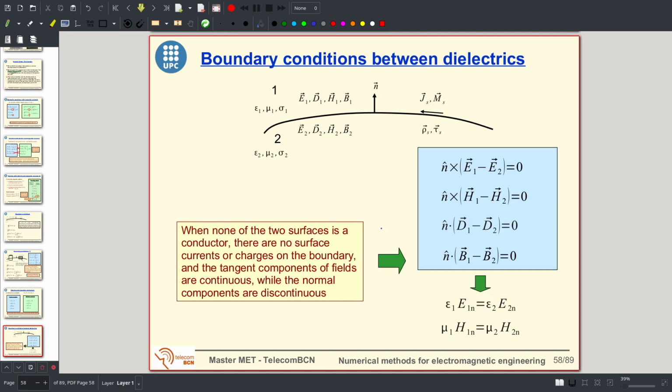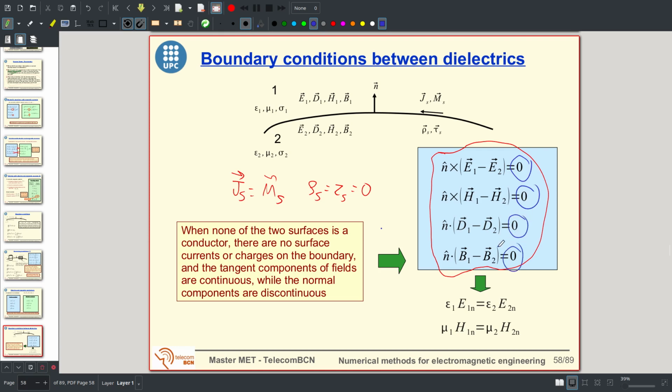When there is a discontinuity between two dielectrics, there are no sources at the boundary, so all the sources at the boundary are equal to 0, and we get the same boundary conditions, but now at the right hand side we have 0 everywhere, because in a dielectric you cannot have net sources.